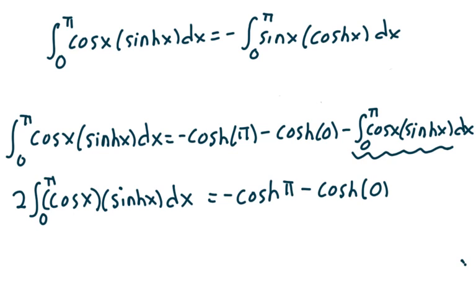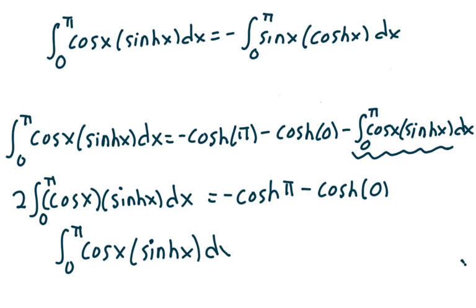And if I divide by 2, I'm done. So the integral from 0 to pi of cosine x times hyperbolic sine of x dx is 1/2 of negative hyperbolic cosine of pi minus hyperbolic cosine of 0.